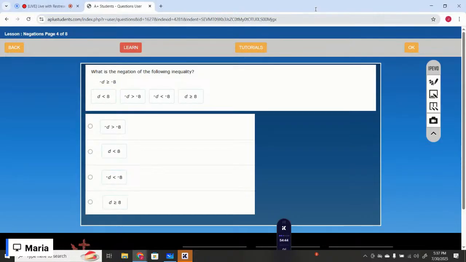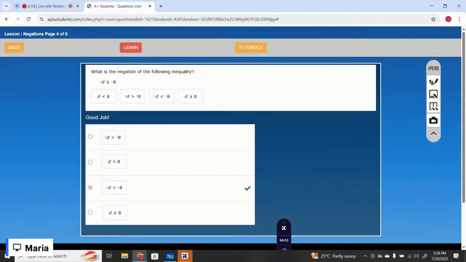So the correct option is negative d is less than negative 8. Option number 2 is the correct option.